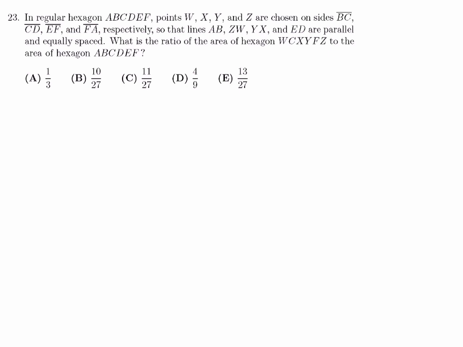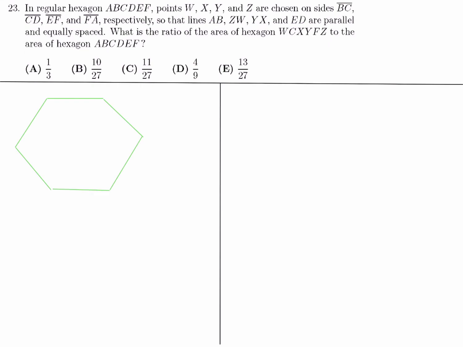Well, let's draw a diagram and try to explain this question. So here's our hexagon, and then I'll chop it into segments to try to figure out this area. Since we are figuring out ratios at the end, we can give it any sort of number, so I'll just call the side 1.